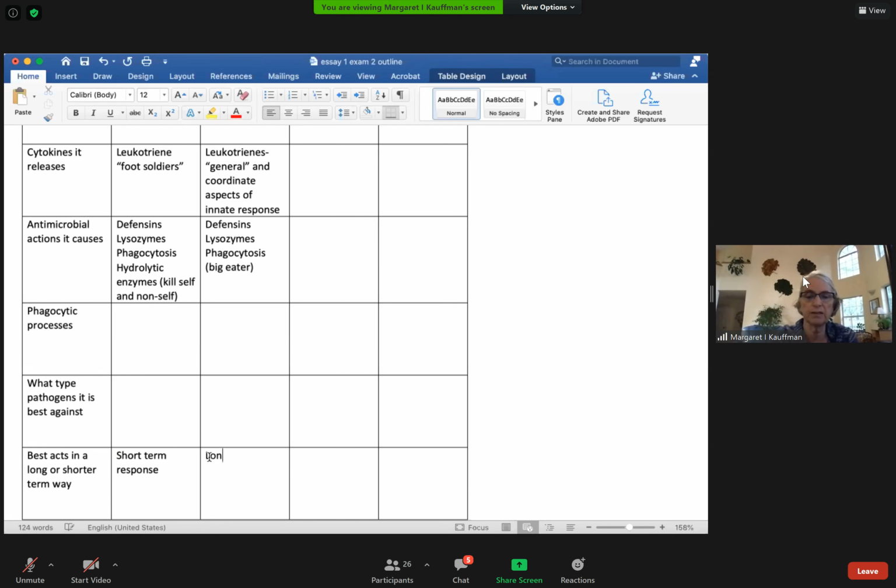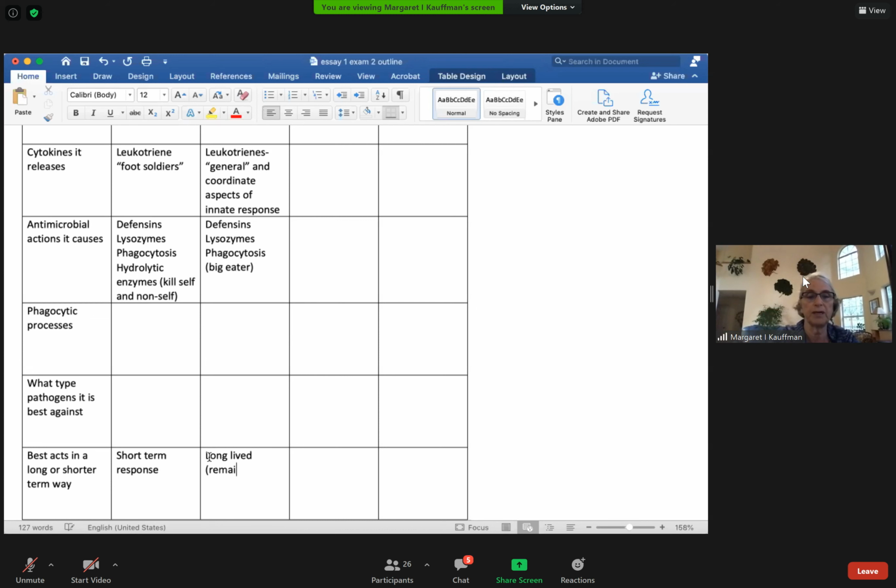Whereas these guys tend to be a long-lived response. So once you get monocytes entering into that area, that oven where the pathogen is located, if they aren't killed by the neutrophil, ones that remain will stay in high numbers in that tissue for weeks afterwards.